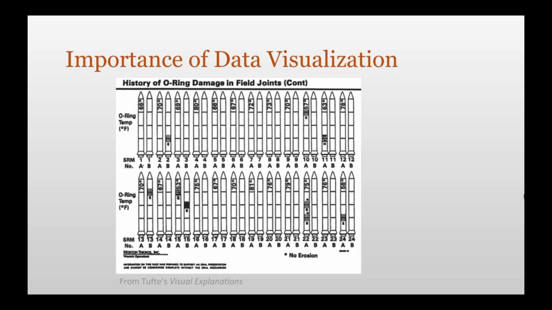So this was all properly tested, and this is the record of what was happening. On each of these, this is meant to be sort of more skeuomorphic, so you could see the temperatures on the rockets themselves, and sort of see a mapping of where the failure is happening during these tests.